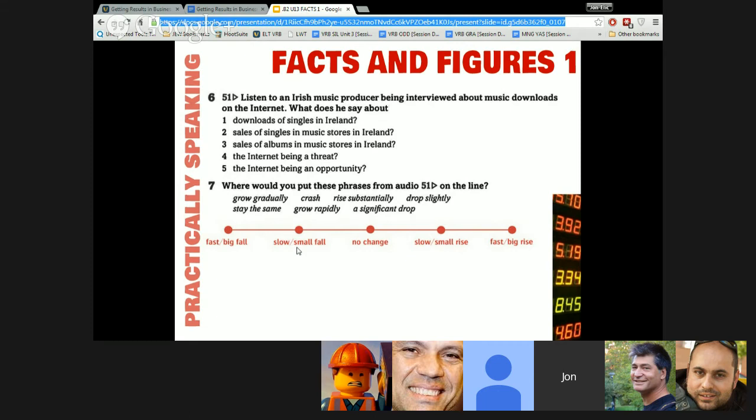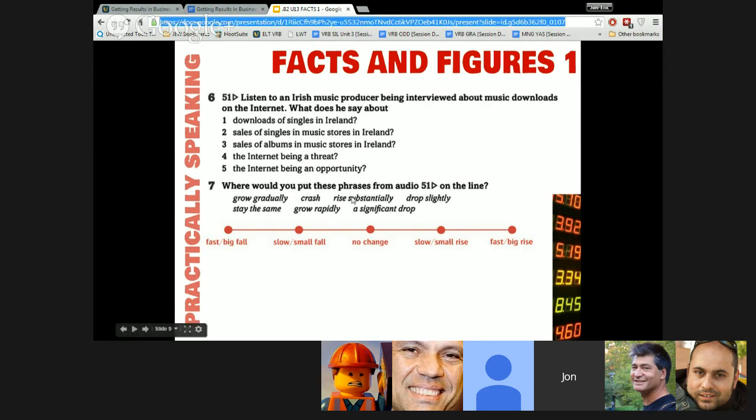Are you sure? Slightly? I don't know if I agree with you about that. Class, where would you put slightly? I'm confused between rise substantially and drop slightly.